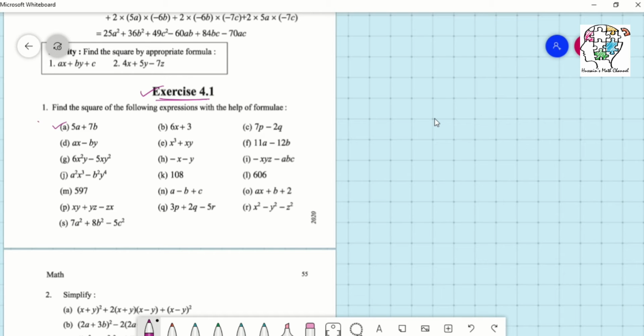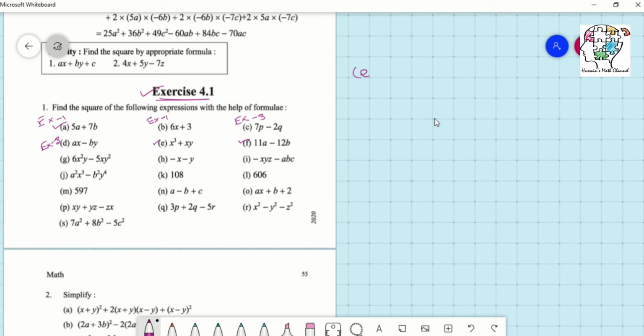This is exactly similar to example 1. This is also like example number 1, right? And this is example number 3. This is also example number 3. This is also example number 1. This is example number 3.